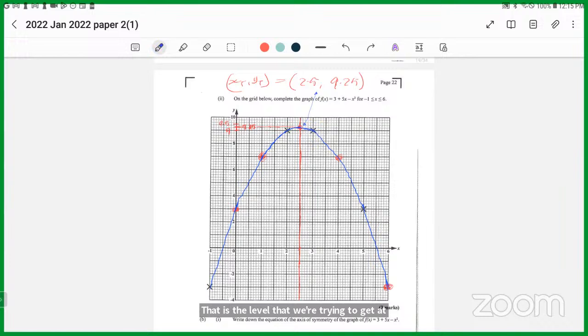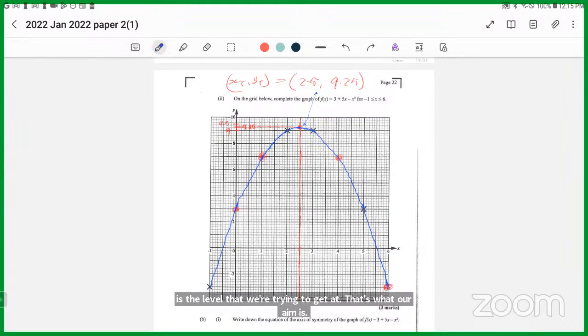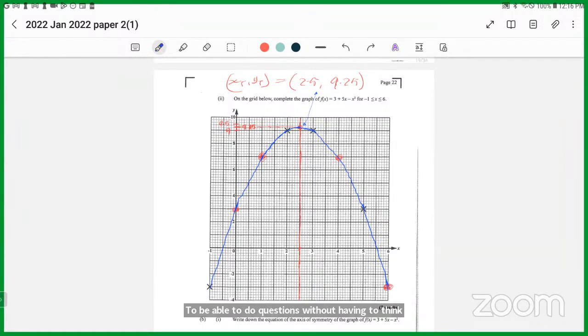That's what our aim is: to be able to do questions without having to think, especially questions that are of the same format that CXC has set before. Any question that is laid out similar or in the same way that they have set before, we are to be able to do those questions without thinking.